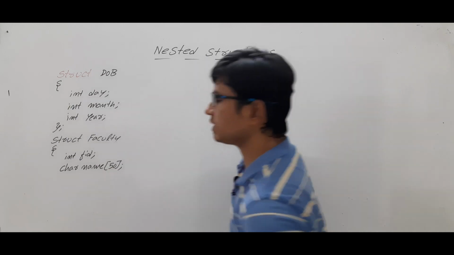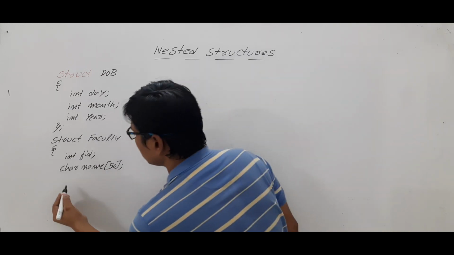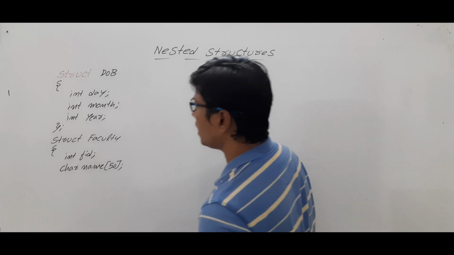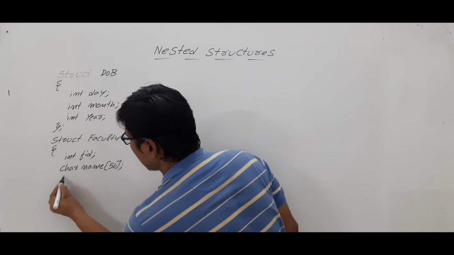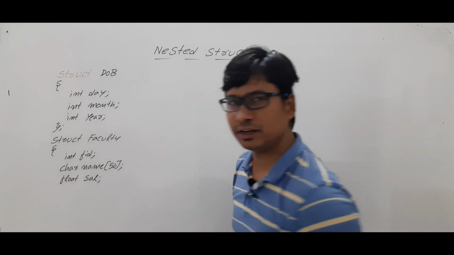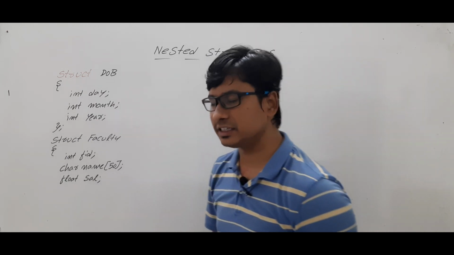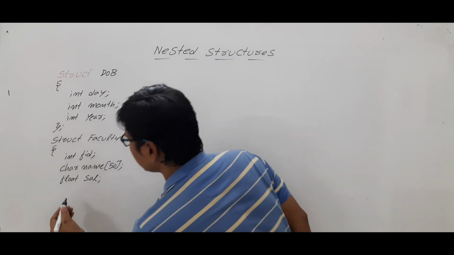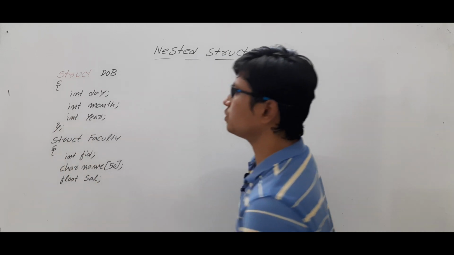Are you able to understand it or not? Then I want to store his salary. So float salary. We should not ask salary to the faculty, but I am just telling as an example. Okay, then the next one is I want to store his date of birth.